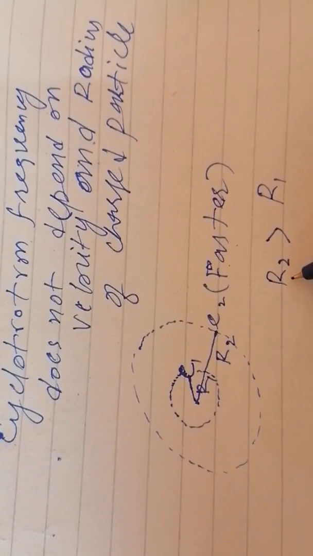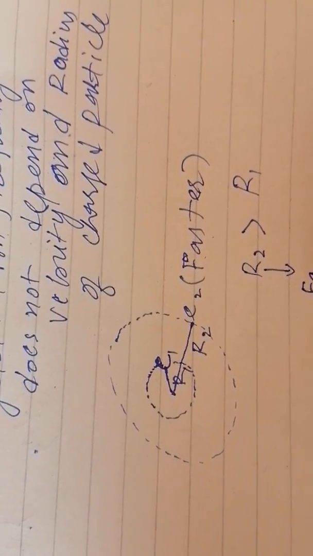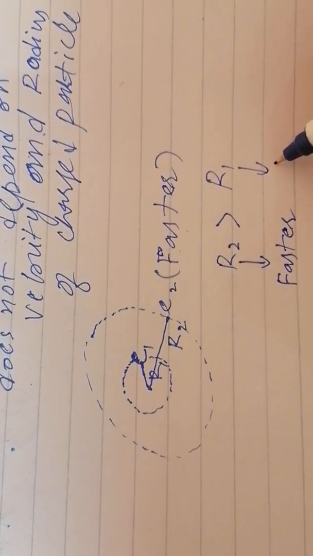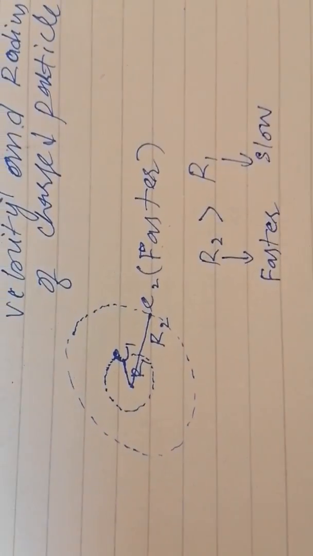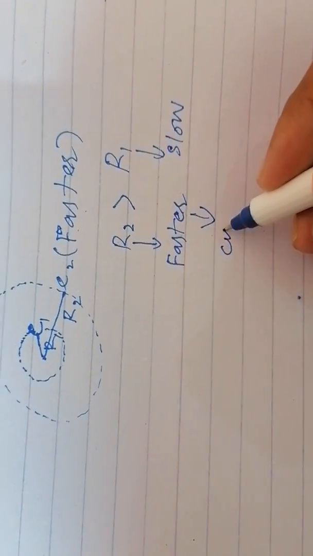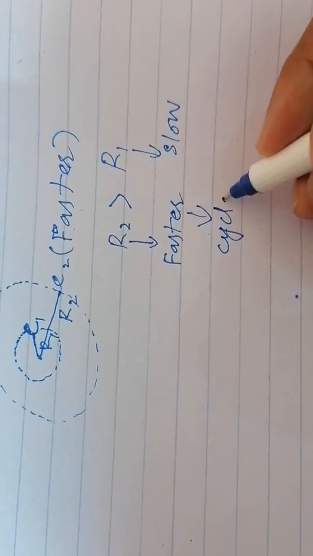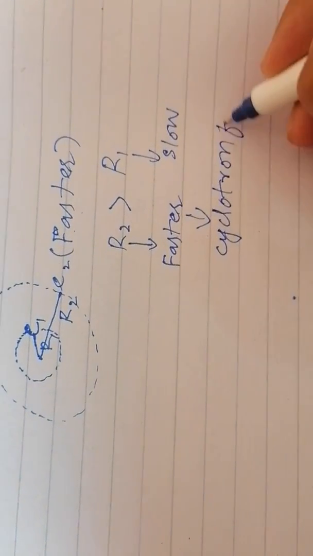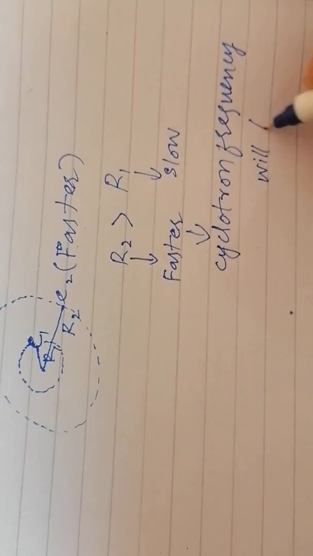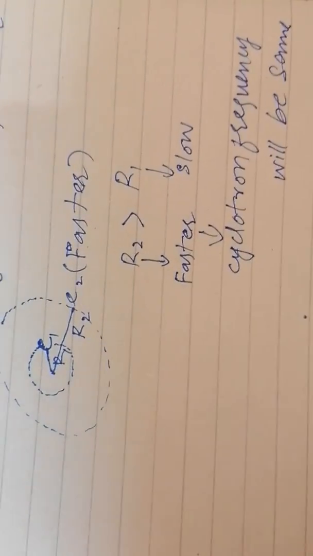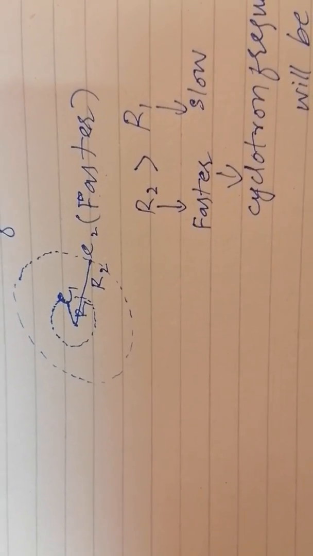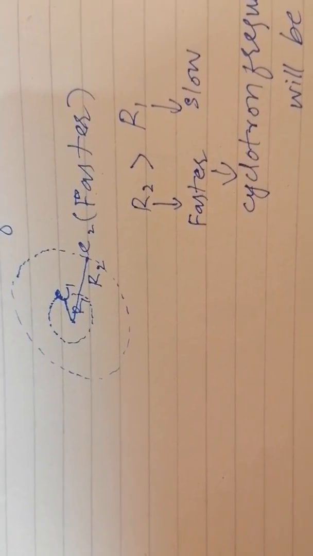So the electron in this radius will move faster, and in this radius the electron will move slower. As a result, the cyclotron frequency will remain constant, it will be the same. So the cyclotron frequency is independent of r and v.